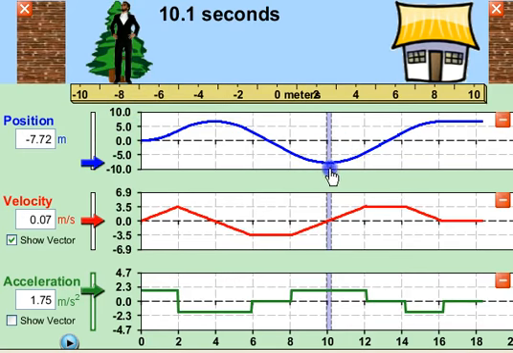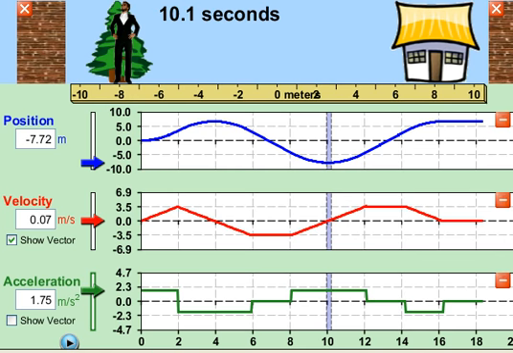Let's move him back just a little bit. There we go. What's the slope of the tangent line to the blue curve right now? Well, it looks like it's going to be a flat line, slope of 0. And lo and behold, when we look on the velocity graph, right there, the value of the velocity graph is 0.